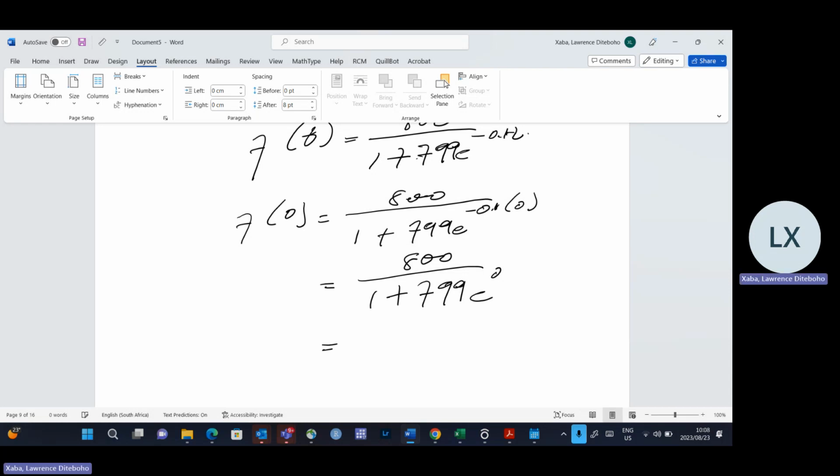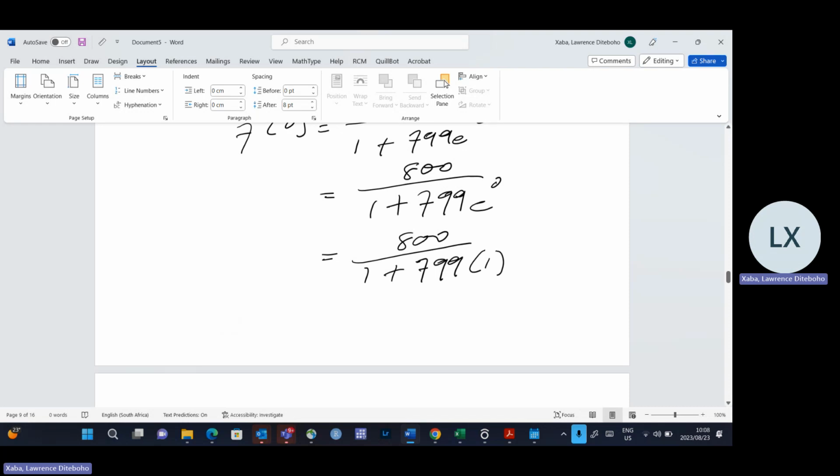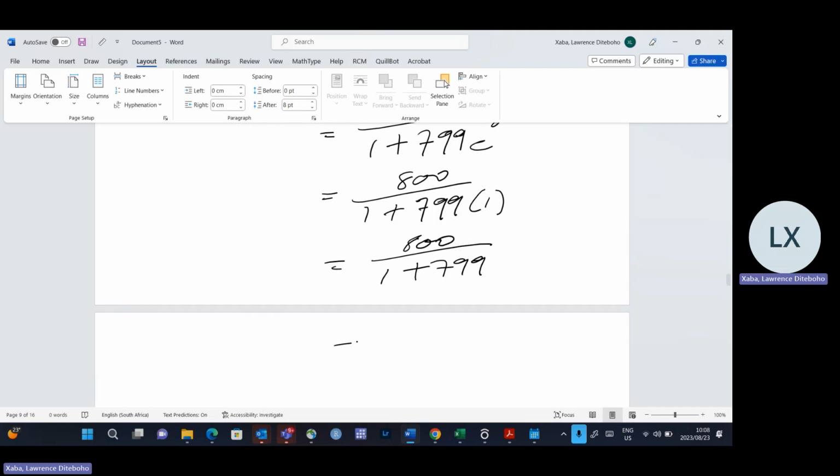So if it's 1, okay, it's 800 over 1 plus 799. This is 1. When you multiply, it remains the same. Then we ended up having 800 divided by 1 plus 799. So we ended up having 800 divided by 800.